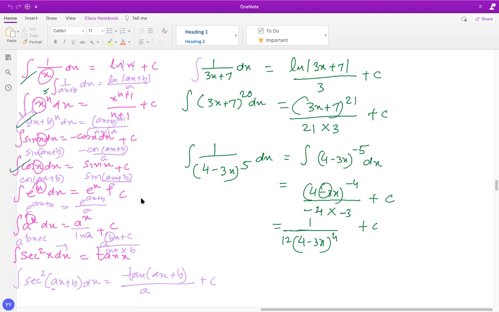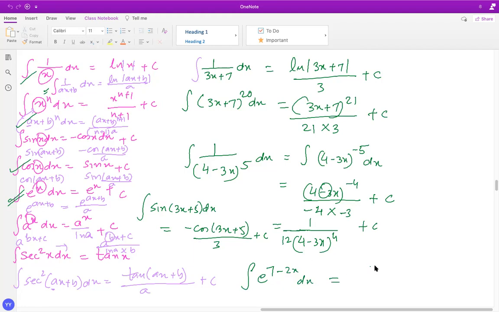And now, for example, if I have the integral of sine of 3x plus 5, it will be negative cos of 3x plus 5 divided by the coefficient of x, which is 3, plus c. Now if you have the integral of e to the power of 7 minus 2x, and I wanted to find this value, it is e to the power 7 minus 2x, because the integral of e to the power x is e to the power x.